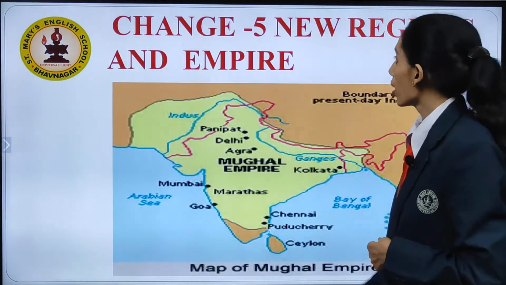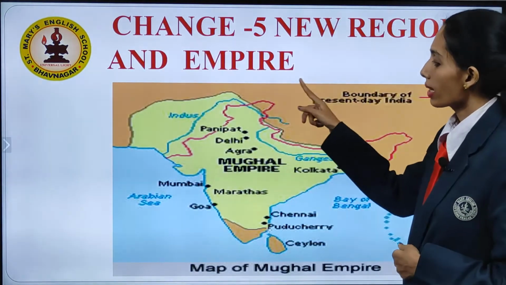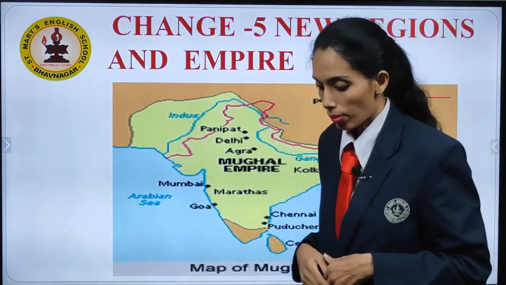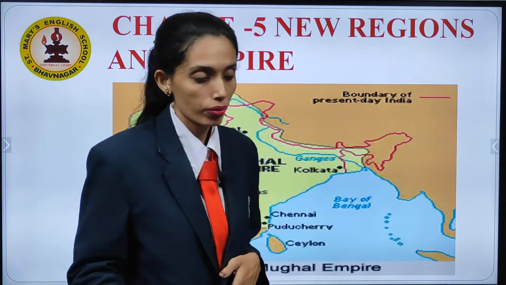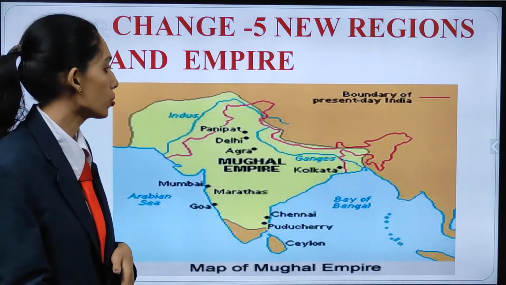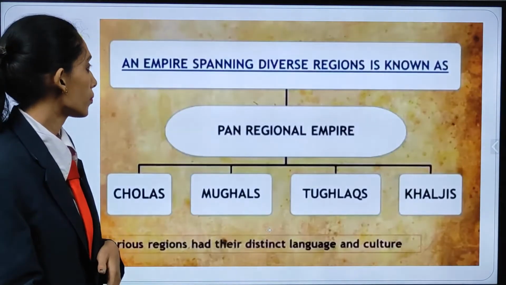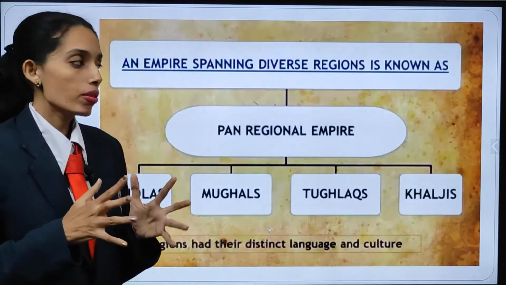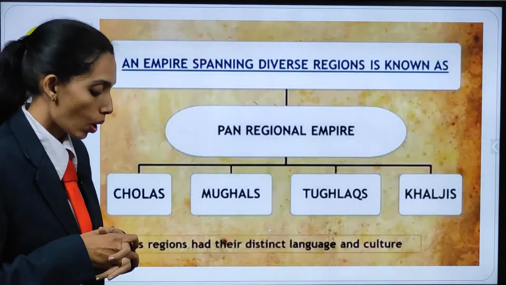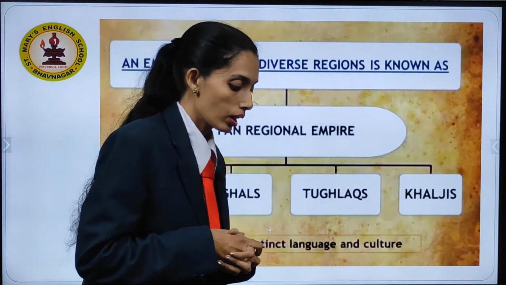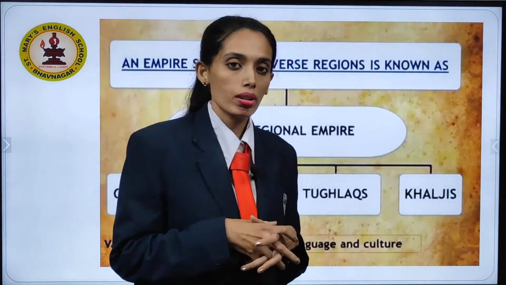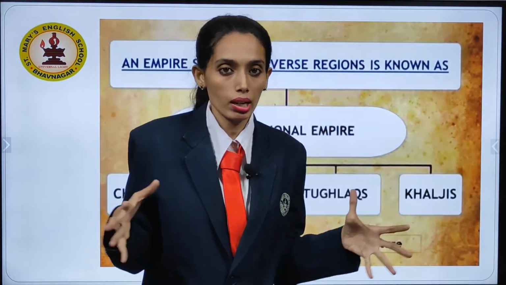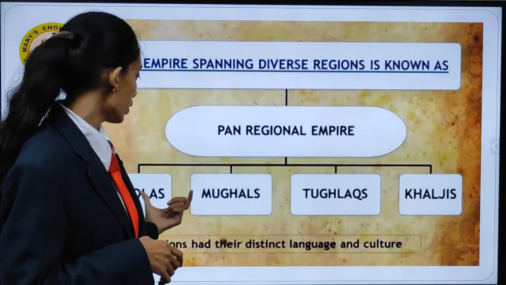Change 5, new regions and empires. Here we will see the changes of regions and empires. What is a pan-regional empire? There were a lot of dynasties ruling in India, and all were covering a large area.